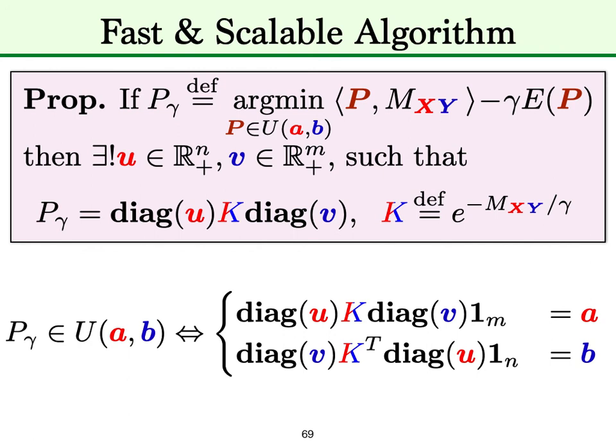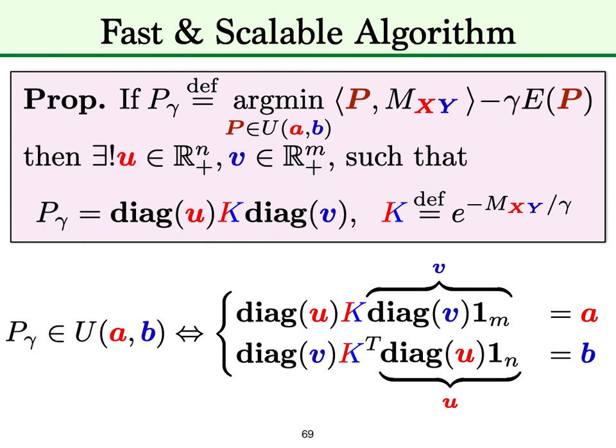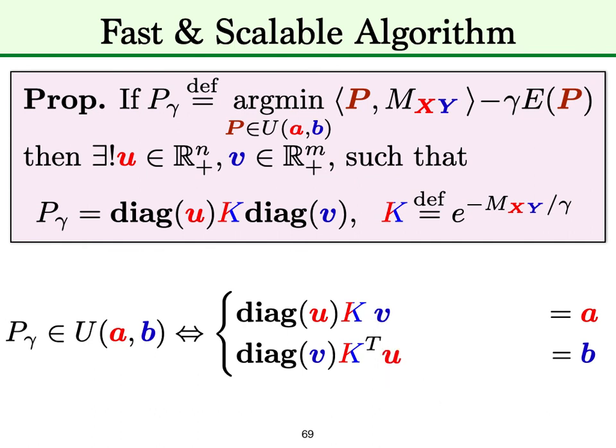Well, the first thing is diagonal matrix times 1 is just the value of the vector itself. So this can go away. Now, a diagonal matrix times Kv, or K transpose u here, is just basically the element-wise product of two vectors. So you have that u times Kv, element-wise, and v times K transpose u are equal to a and b respectively.